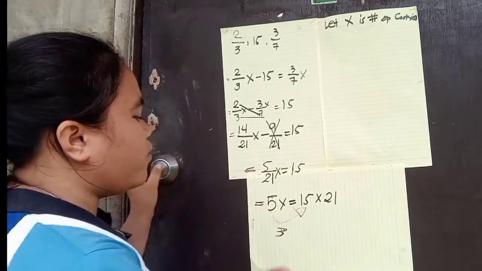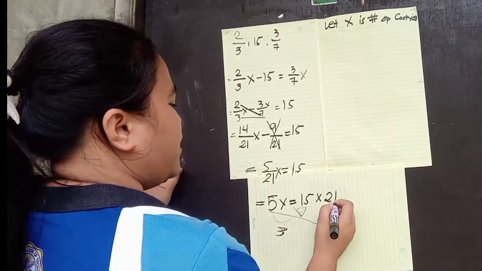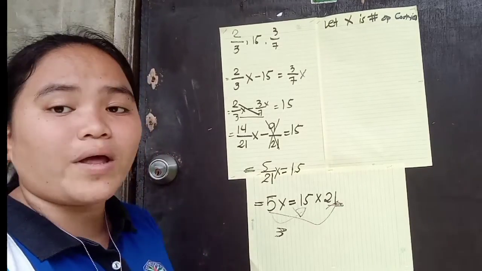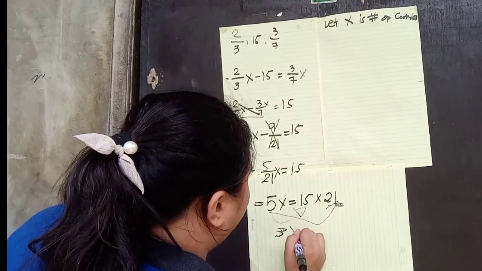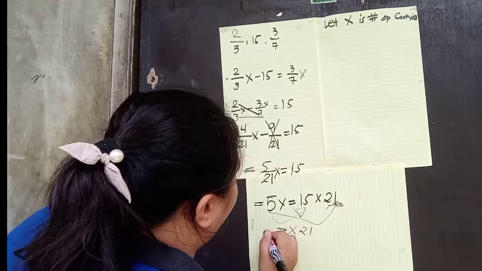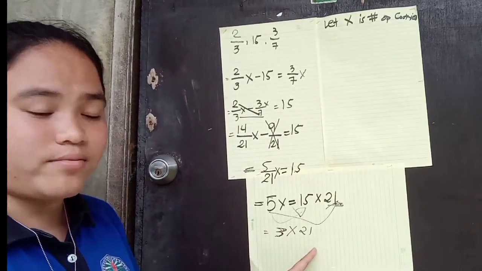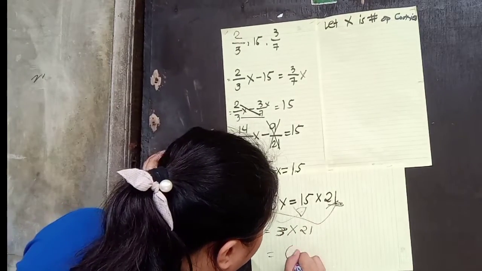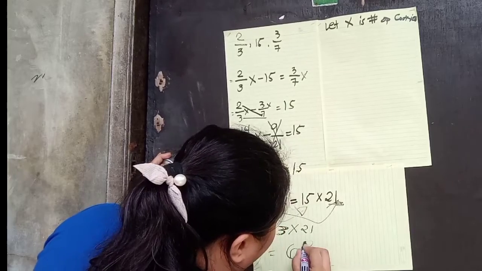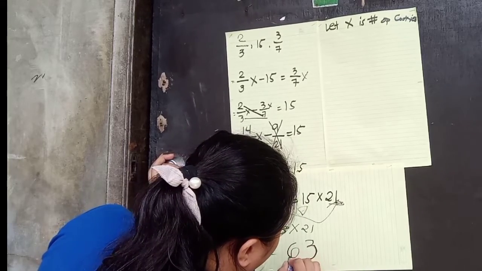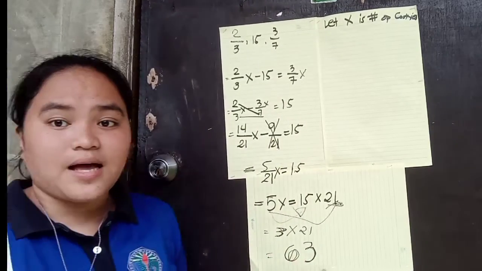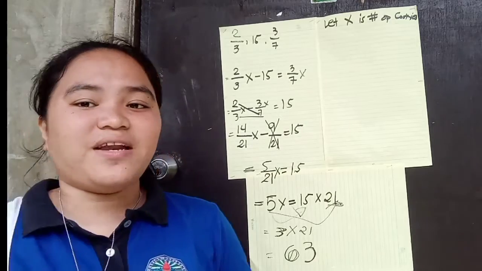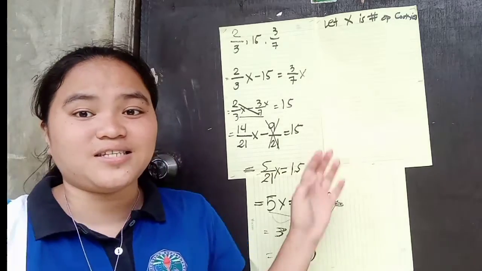And, at dahil wala po tayong exact number na magsasagot sa 5 and 21 is, imamultiply po natin siya into 21. So, 21 times 3 equals 63. And that's how the given answer in this question is being solved.